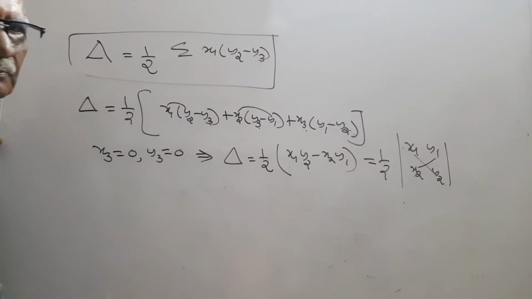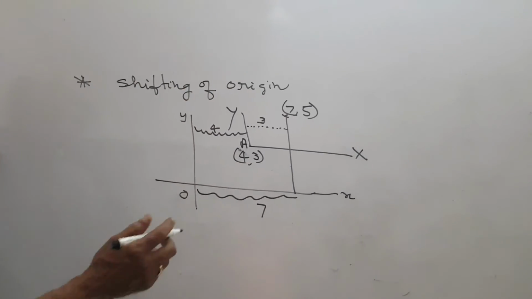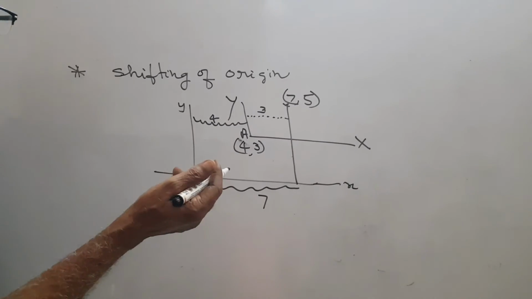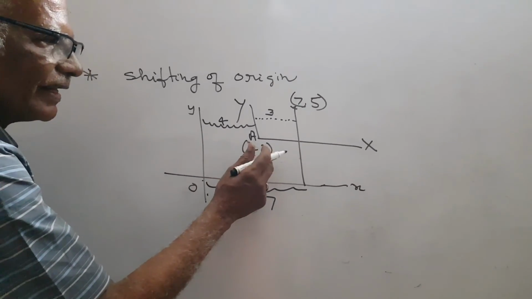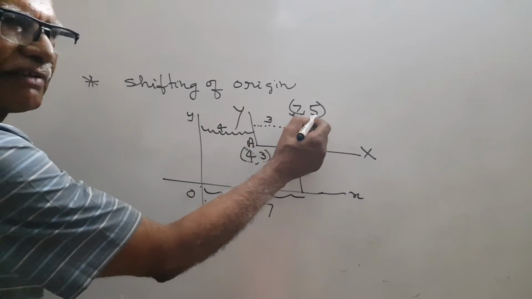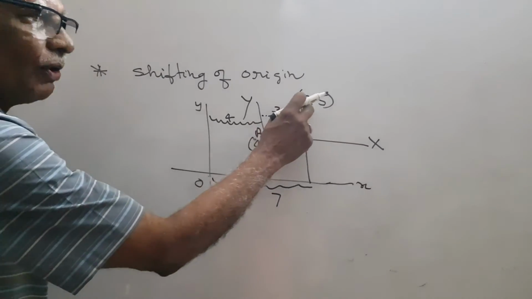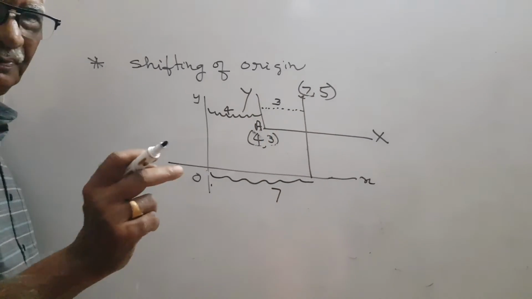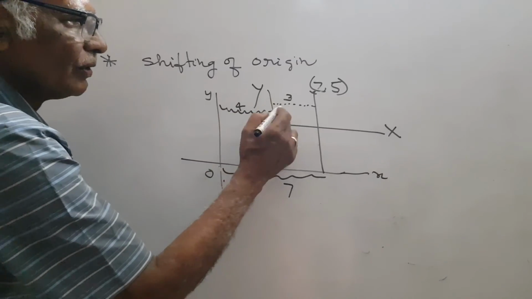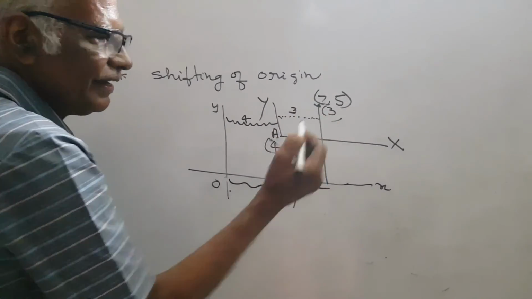Now we consider shifting of origin. Here OX, OY are the original axes. We have shifted the origin to A(4, 3) by drawing AX, AY. Now there was a point (7, 5) with respect to OX and OY. What happens to this point when we shift the origin? Here the whole of this is 7, this is 4, so this part is 3. So this becomes 3.